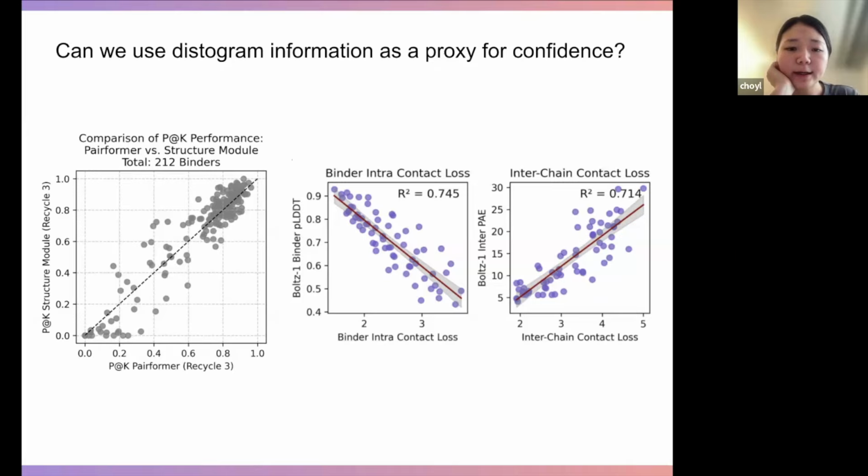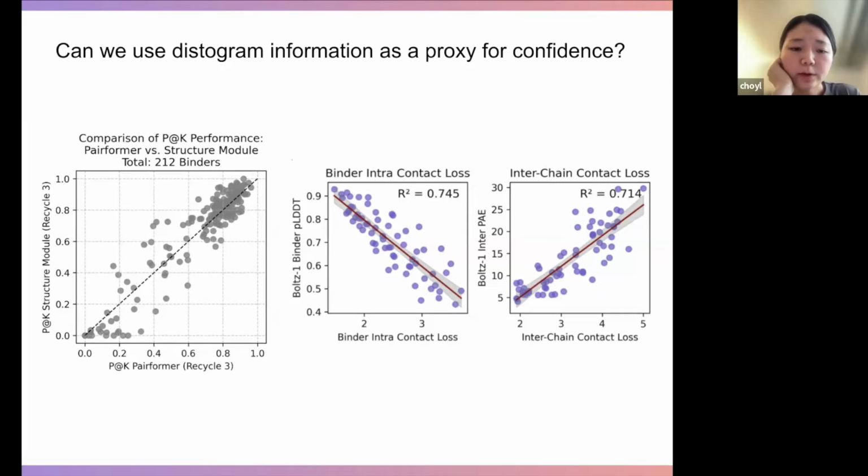And as you can see on the right, we also assumed that if the diagram has a really high confidence score coming out from the intra and the inter contact, maybe they can also reflect something on the confidence model.